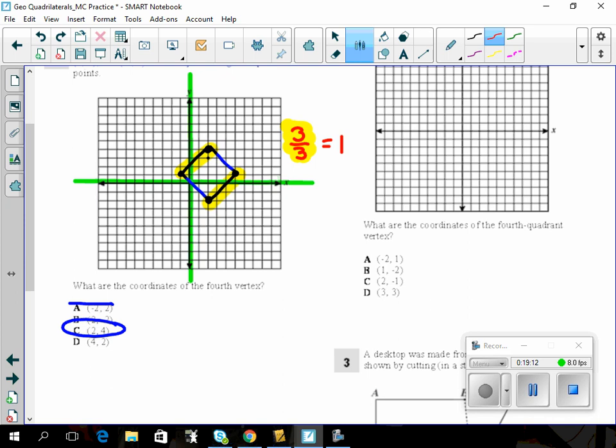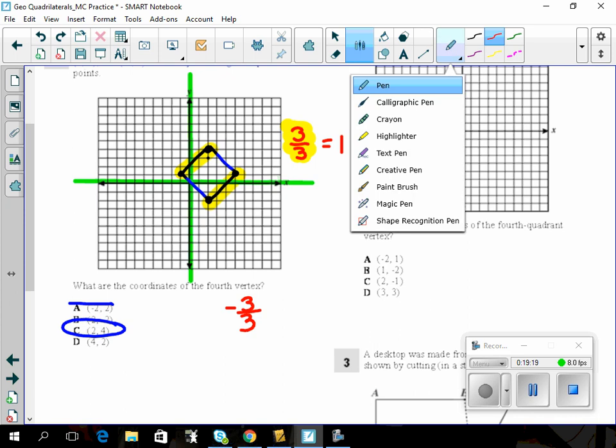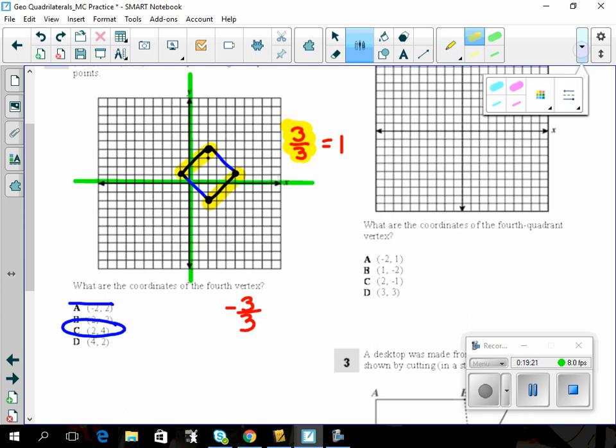So we're expecting it to be -3 over 3 because I flipped them and made them negative, right? So when I do that, and I count from here to here, don't I go down 3, right 3? So I do have this. So we have perpendicular sides. I've proven it's a square. Okay? The lengths are the same, all the sides' lengths are the same, and the slopes are perpendicular.